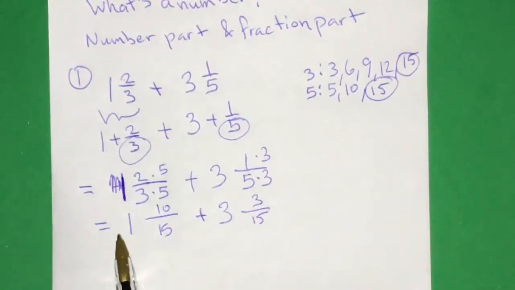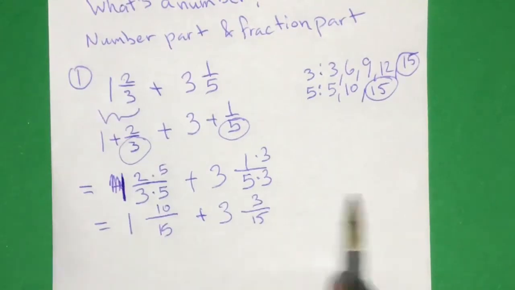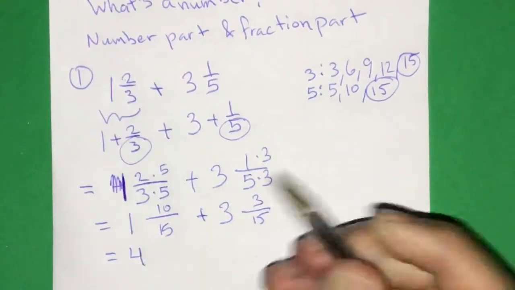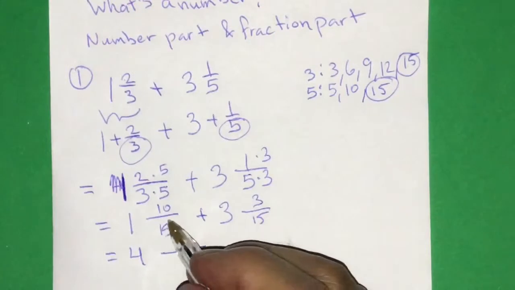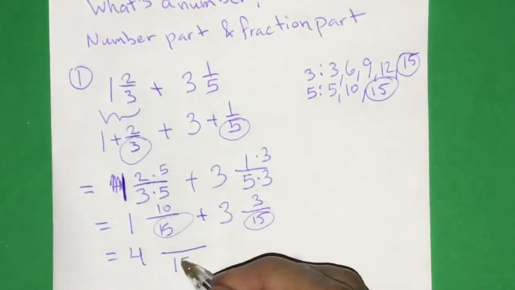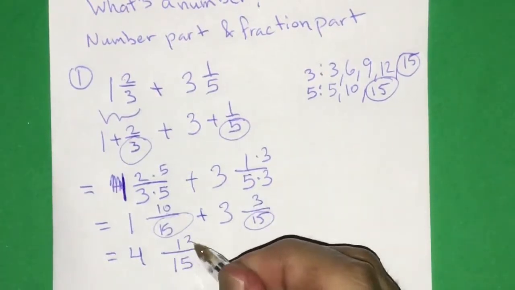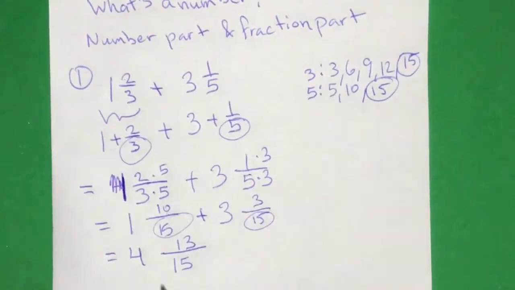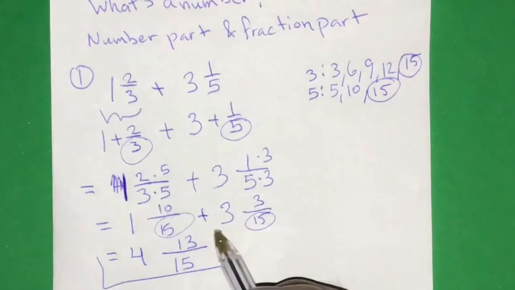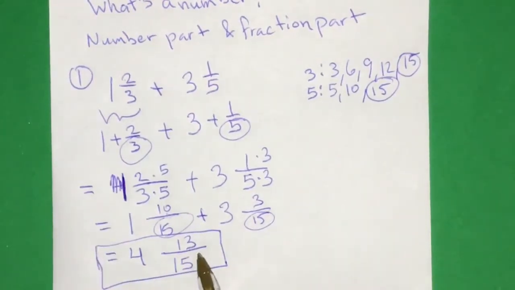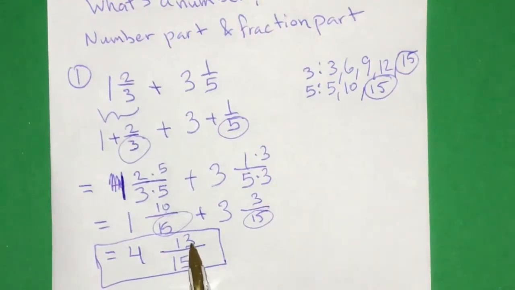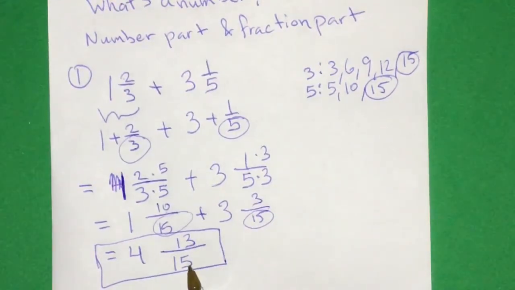Now we can add the whole number parts: 1 plus 3 is 4. We have the same denominator, so we keep that. Now we add our fractions: 10 plus 3 is 13. So our final answer is 4 and 13 over 15. We can't reduce this because 13 is a prime number and 15 is not a multiple of 13, so this is our fraction in lowest terms.